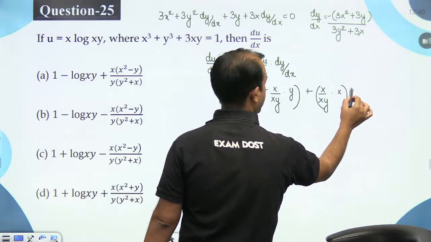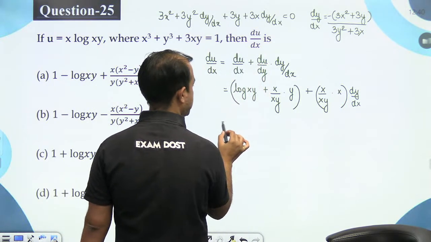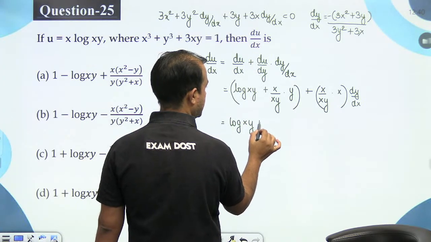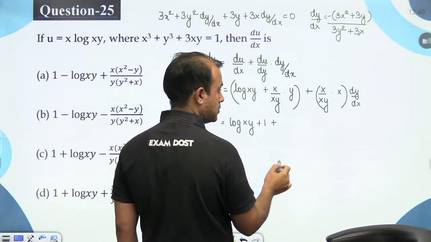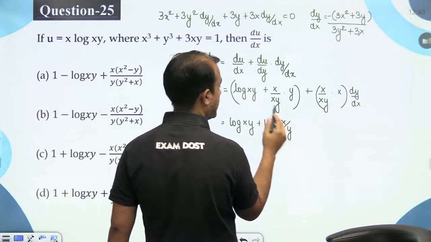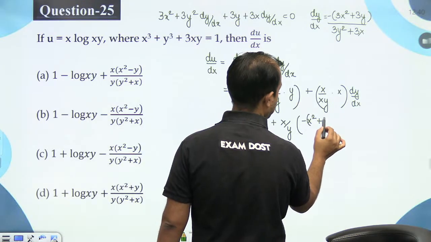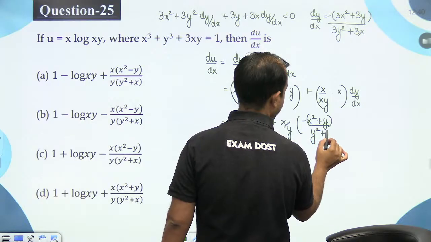So now here I will write dy by dx. Log xy plus 1 upon y square plus x.